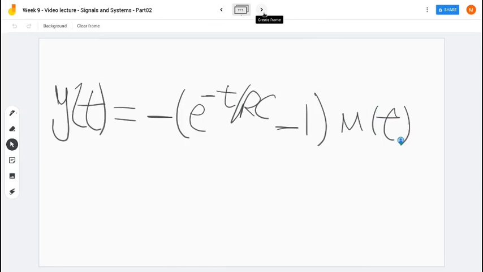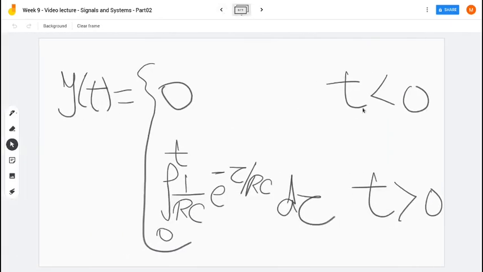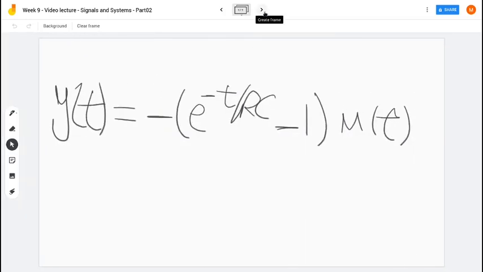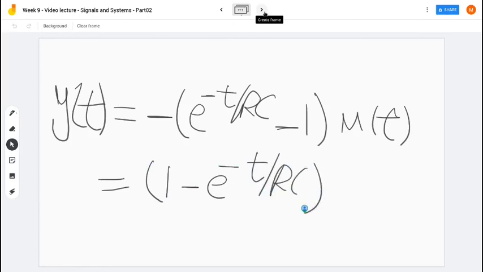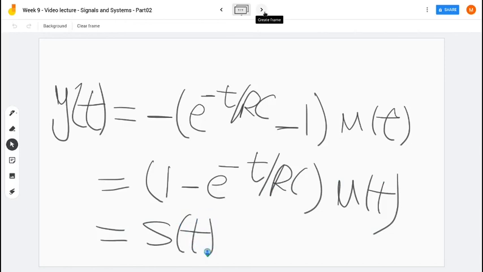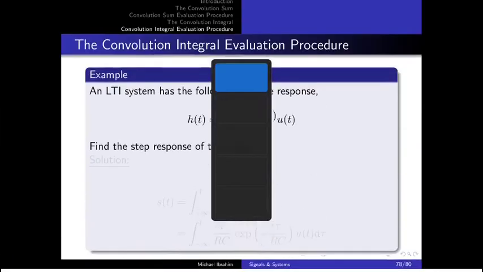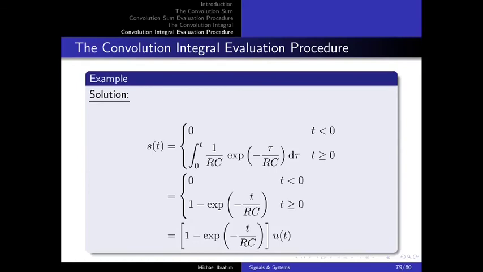And why do we have this u of t? Because basically it's 0 for t less than 0 and has this value for t larger than 0. So the form would be, of course, this negative sign will exchange 1 and e to the negative t over RC, times u of t. And this would be the step response s of t of this circuit. And going back over here, the step response will take this form, 1 minus e to the negative t over RC times u of t.